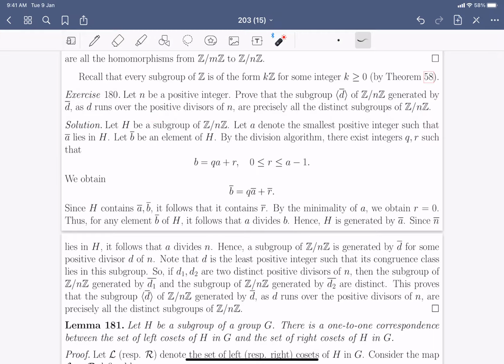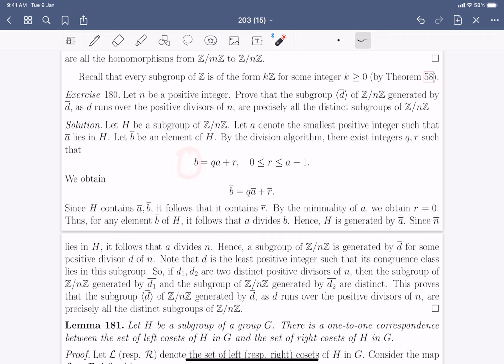This is again a simple application of the division algorithm. The idea is to start with a subgroup H of Z mod nZ, and then you pick the smallest positive integer a whose congruence class is contained inside H. Then you take some element from H, and apply the division algorithm to the integers b and a, so you end up getting a quotient and a remainder.